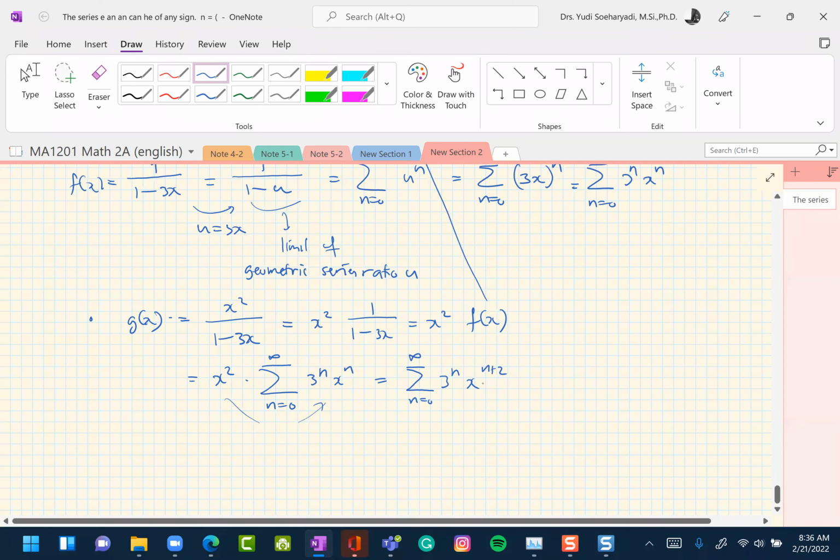Okay, so this is the power series for this function g, and that is true only for this range. It doesn't change the convergence set.